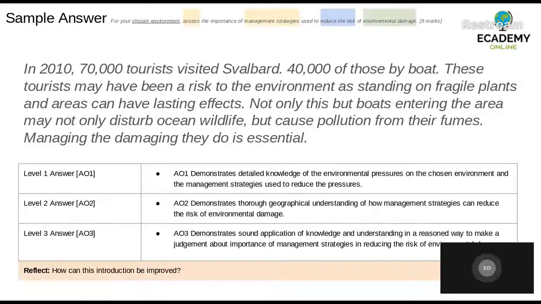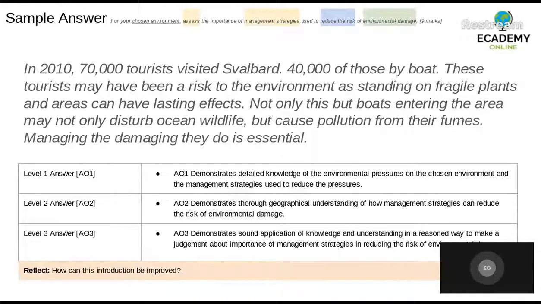It's given statistics, talking about how many tourists are coming. It's talked about how many have come by boat, and you're assuming that others are coming via air. It talks about risk of damage to the environment caused by these visitors, and it talks about all those boats disturbing the wildlife and pollution being caused by their fumes.